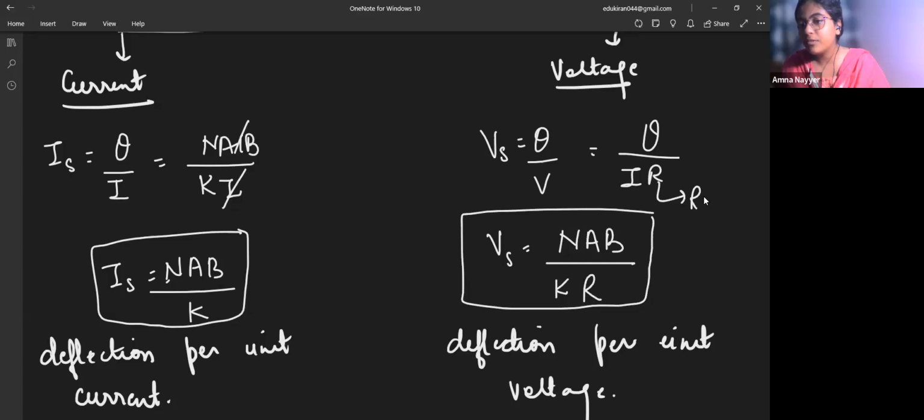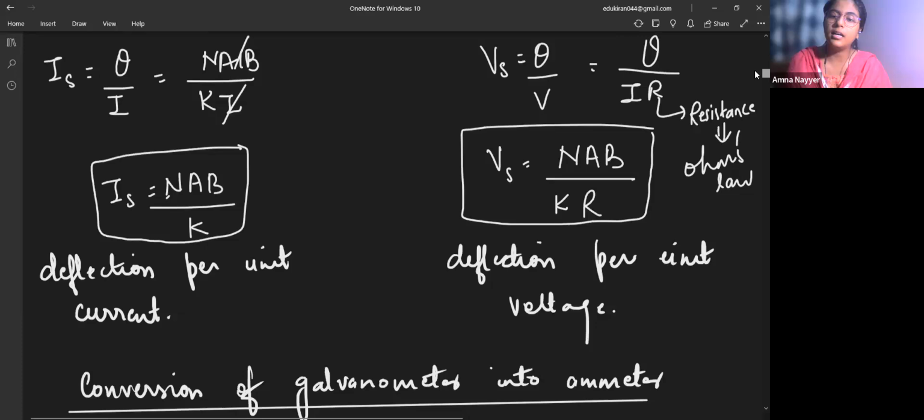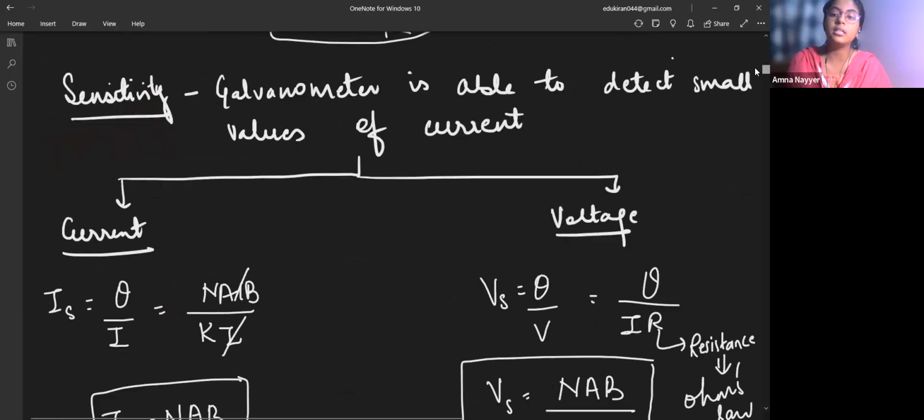Do not be confused. This R is resistance. We have applied resistance using Ohm's law, which you have studied in current electricity. So this is deflection per unit current, and deflection per unit voltage. Note down sensitivity also. Then we'll do conversion of galvanometer with each device. First with ammeter, then voltmeter. Separate we will do.